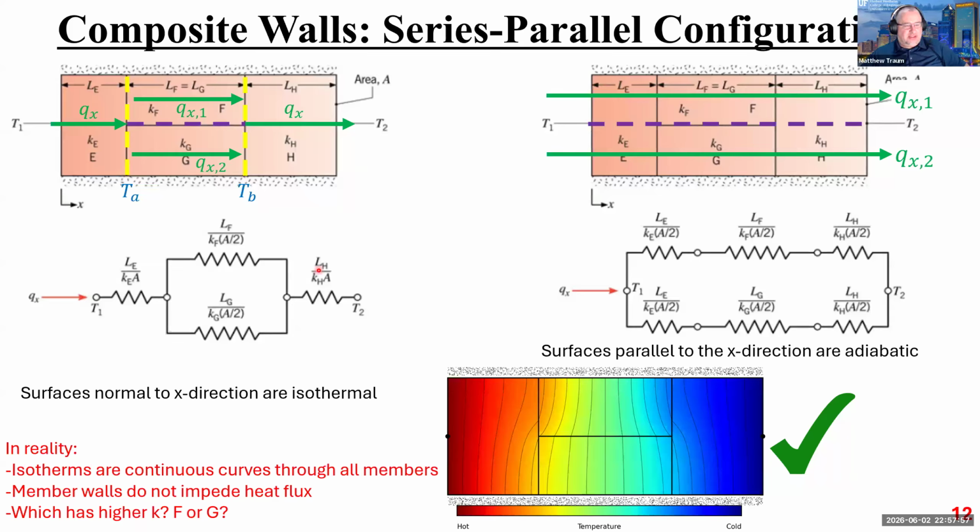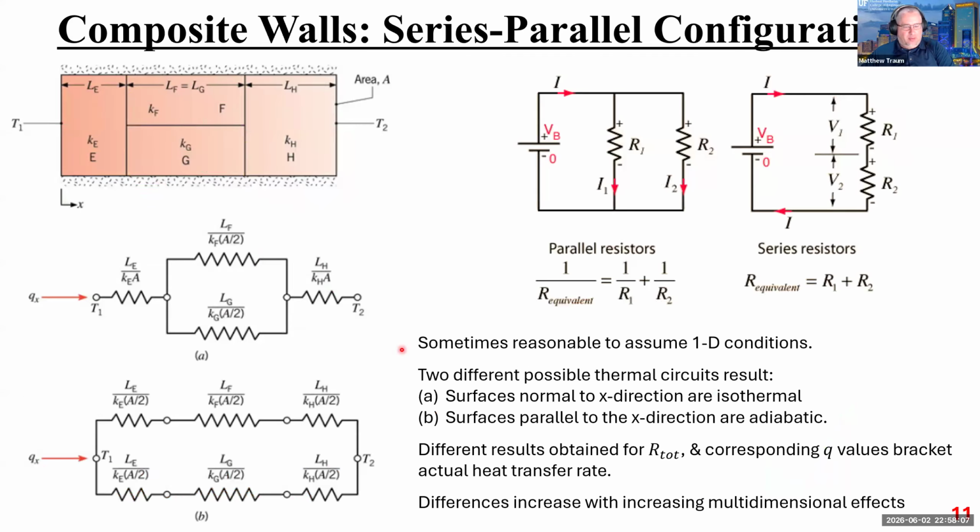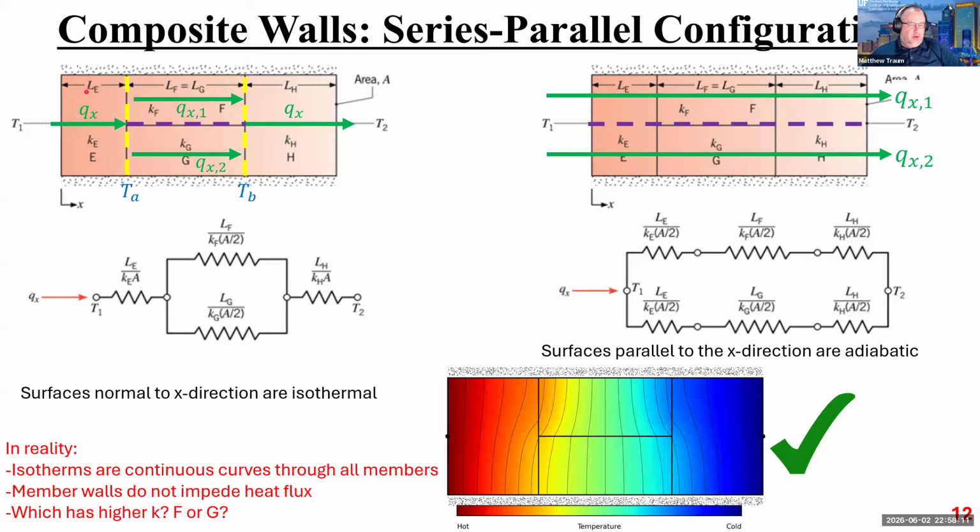Okay, so this is just a visual representation of what I was showing before, right? So we've got our same thermal circuits here, and if we go back, remember, we've got surfaces normal to the x direction that are isothermal. So I'm showing lines of constant temperature. There's one here, there's one here, that's the yellow dotted line, there's one here, and then there's one here.